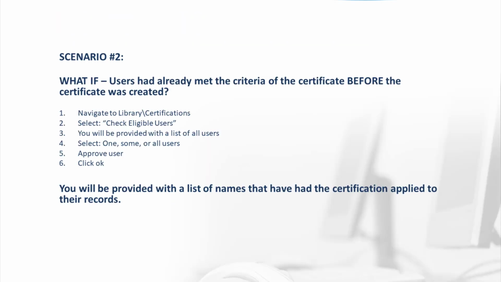What if users had already met the criteria of the certificate before the certificate was created? Navigate to Library, Certifications, and then we are going to select Check Eligible Users.